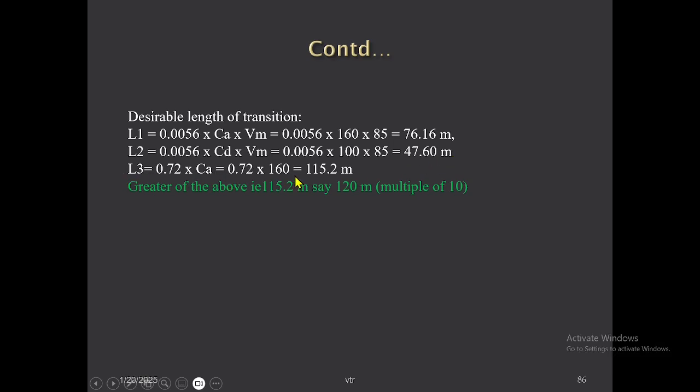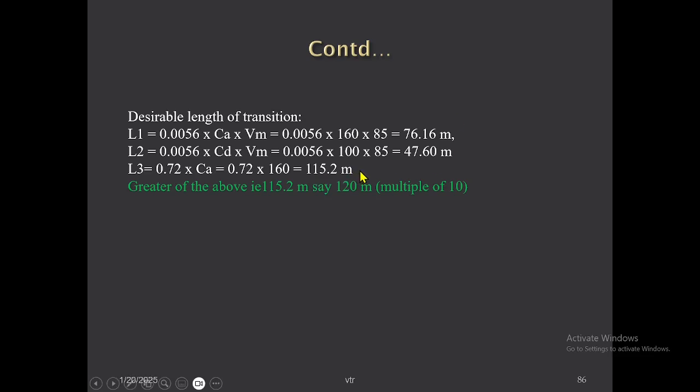For the third condition, 0.72 into 160, that is 115.2. Here cant deficiency and mm we have considered. Out of the 3, the greatest one is the last one, based on the cant gradient. So 115.2 meter it's coming.